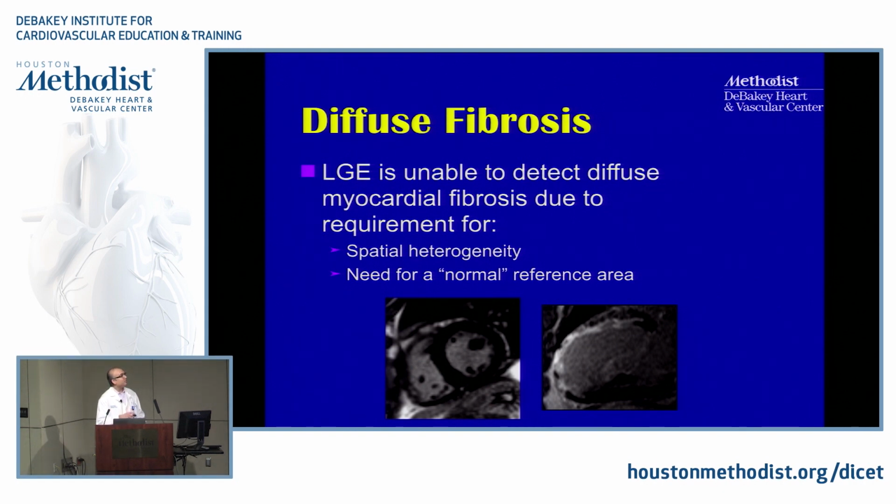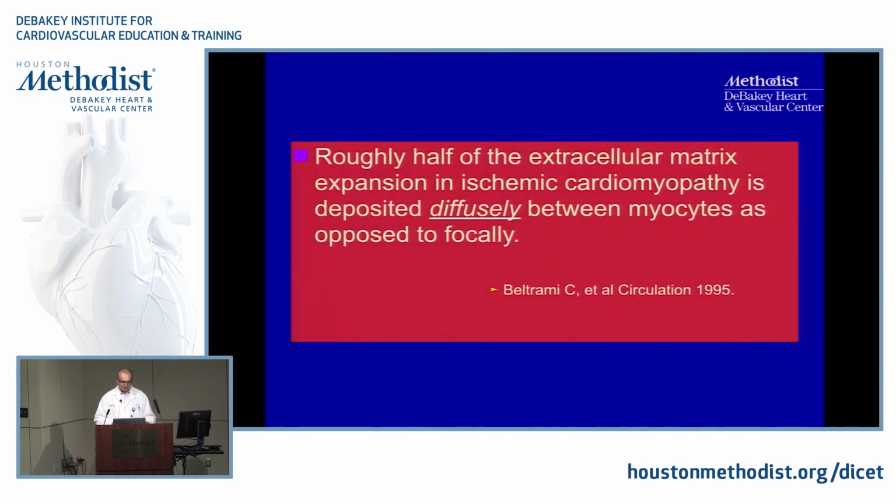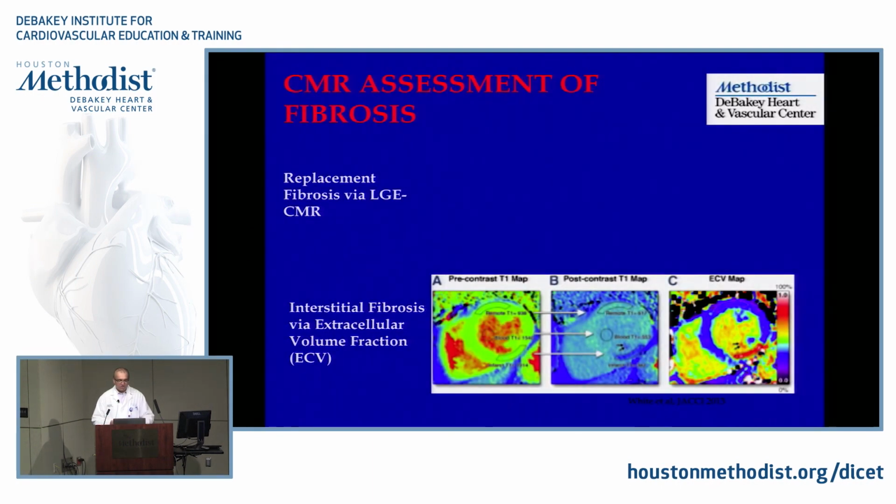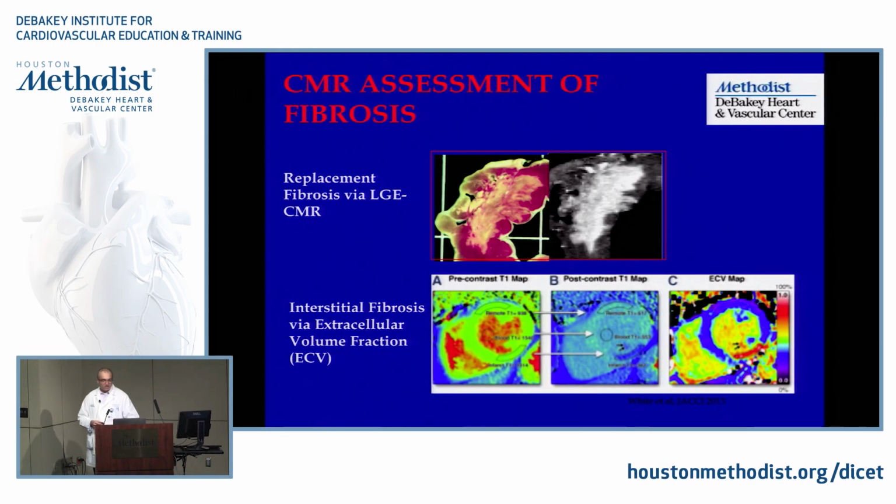And what if you have spatial heterogeneity in the amount of interstitial fibrosis? We know that this is not an inconsequential thing, that in fact, in the setting of ischemic cardiomyopathy, roughly half of the extracellular matrix expansion that occurs is actually diffuse, not focal. And so that's where there are now these newer techniques.